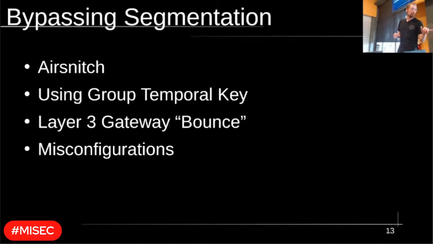So it had to do with blocking station-to-station frames and being able to forward traffic through the default gateway, because layer 3 specific protections need to be put in place in order to prevent IP spoofing and other methods that you could use in order to bypass that layer 2 protection.